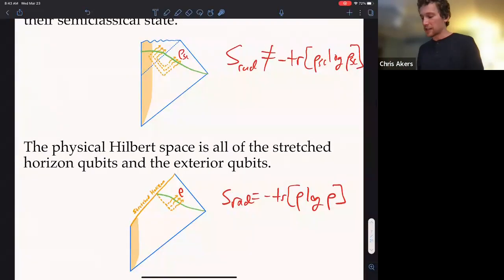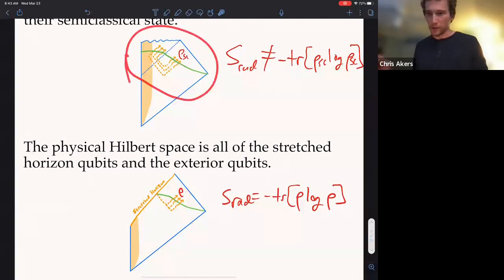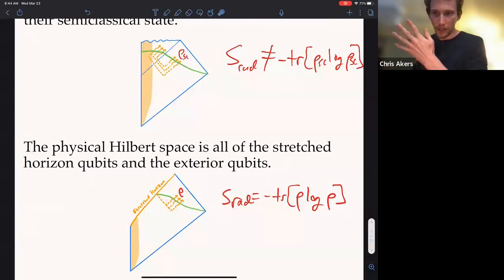It still has this connection to the second description, whose radiation does follow the Page curve, through the QES formula, where you can compute the entropy of these guys using the QES formula in this picture. That was the connection that I needed between them.